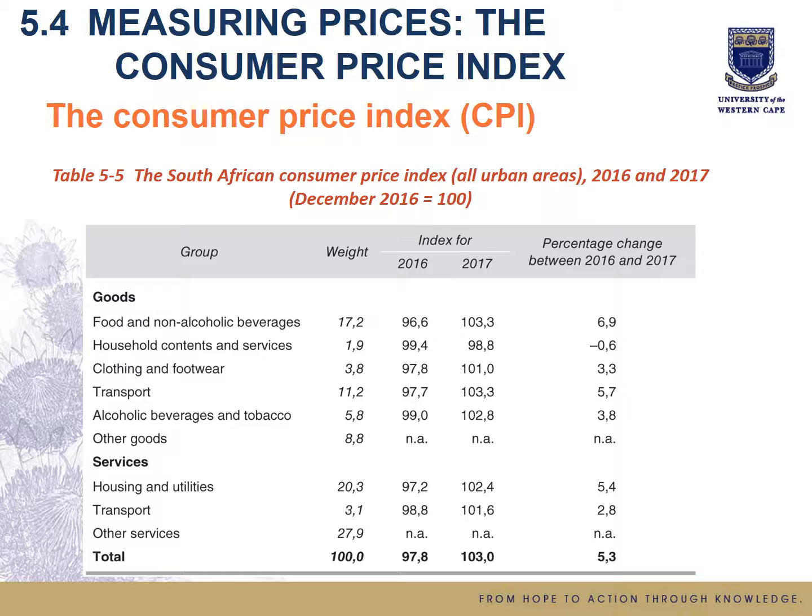The last column indicates the percentage increases for each group and for the total basket between 2016-2017. The bottom figure of 5.3 is usually taken as the average South African inflation rate in 2017.